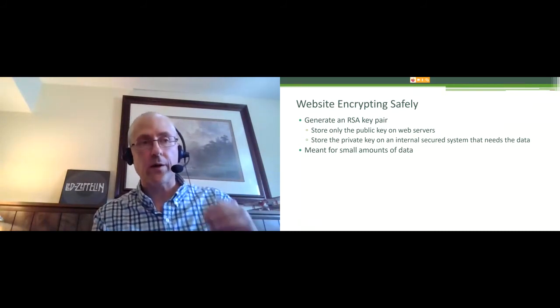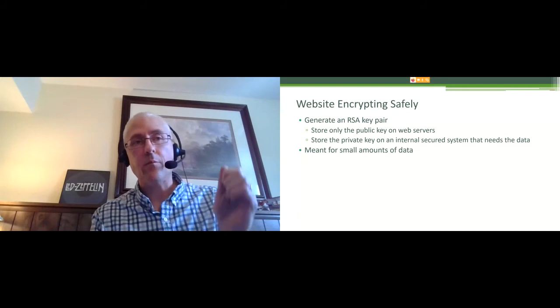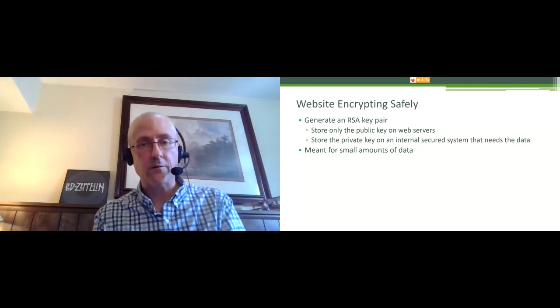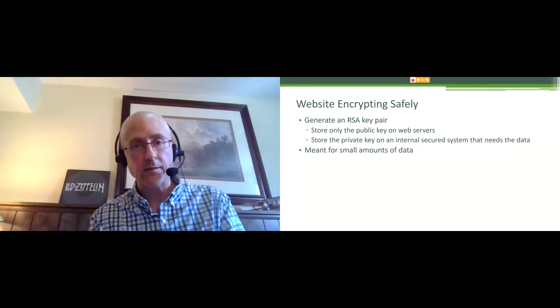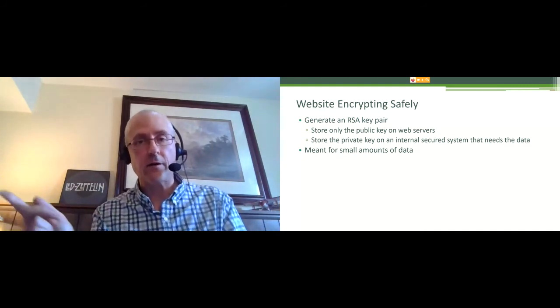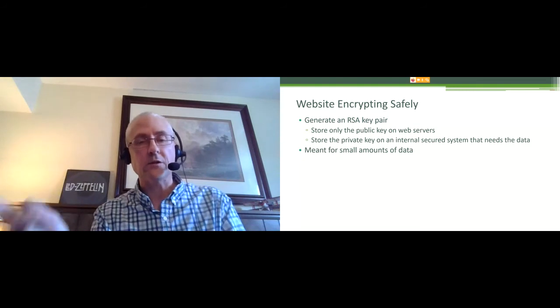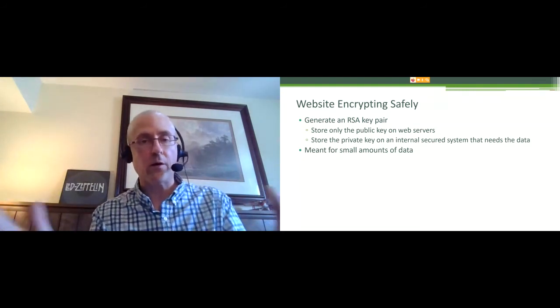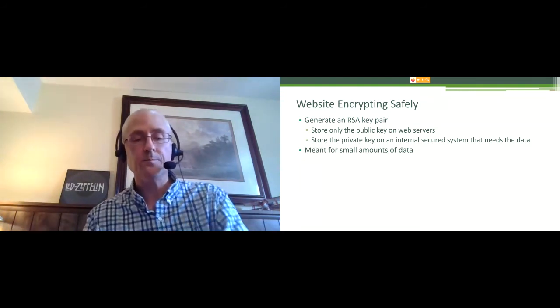Instead, what I'll do is create an RSA key pair. I'll put the public key on my web server and keep the private key inside my firewall on the one machine that needs to talk to the credit card processor. That's the only machine that could decrypt it then. So no matter where I stored it, nobody else could decrypt it.